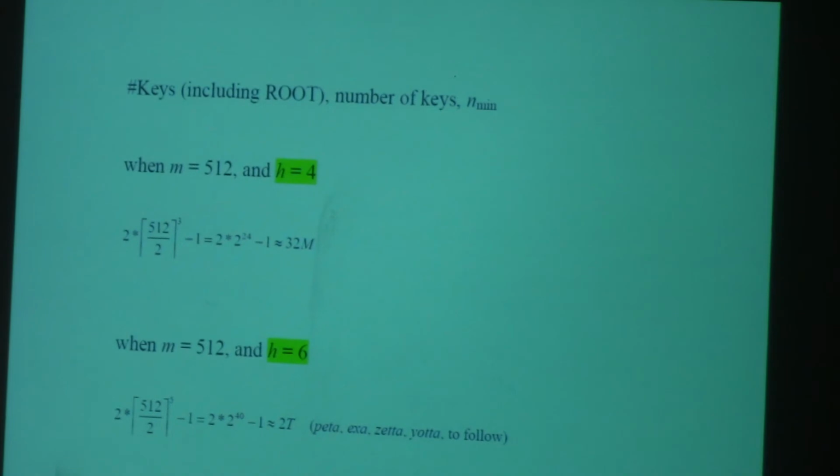Number 2, that's also a pretty big height. Height 6 is big. What do I mean by big? I mean if that tree is going to stay on disk, then that's a lot of disk. So I don't think that we're thrilled with 6 as the height of the tree when m is 512. But that's not something to worry about.